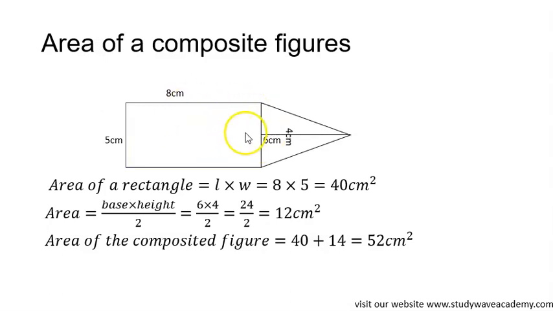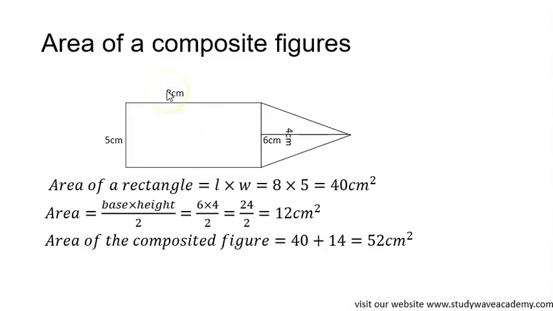Now these are 2 figures here. We'll first find the area of the rectangle and the area of the triangle. Then we add them together to find the area. Do you understand?